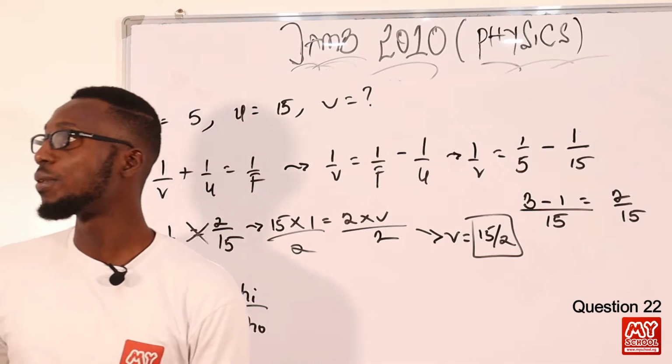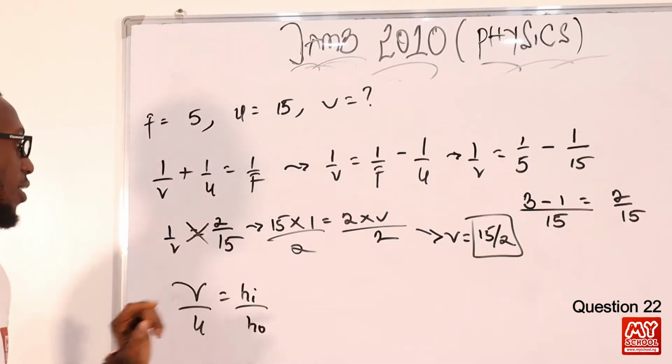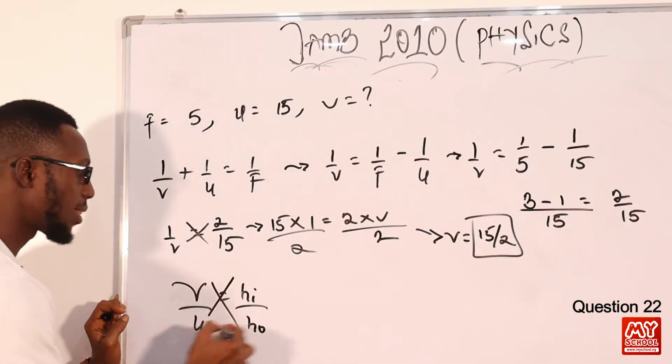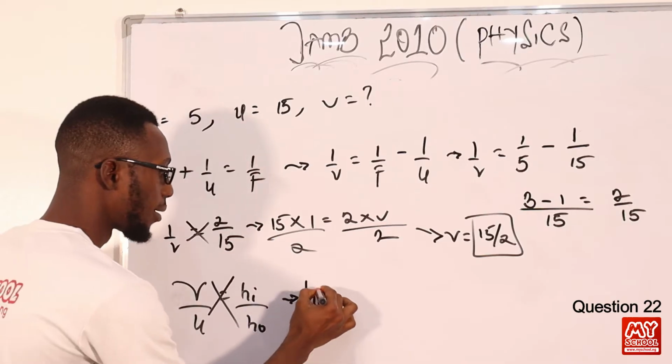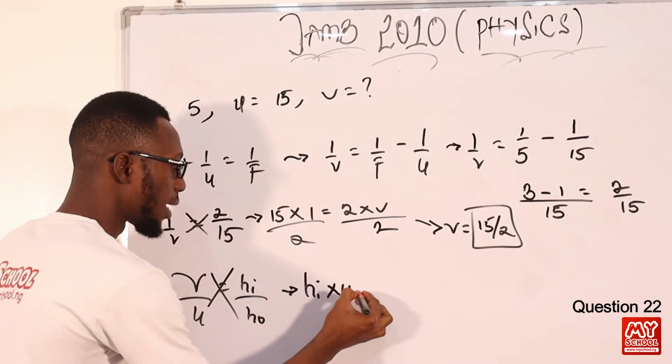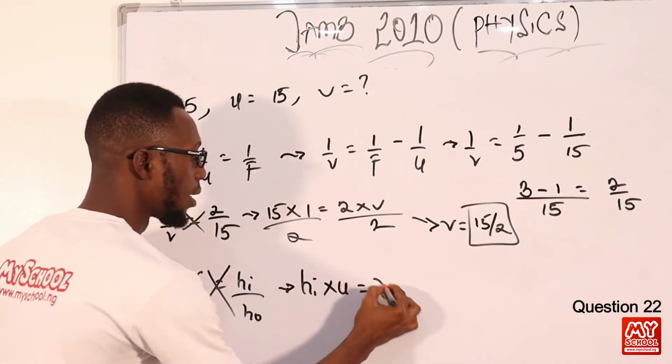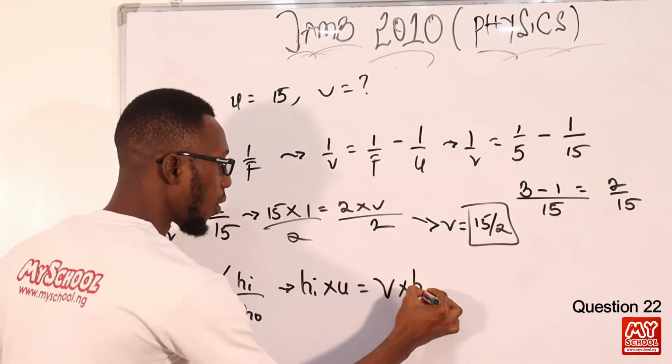We are asked to look for the size of the image, which is this. If we cross multiply again, I should have my image height times object distance equals my image distance times object height.